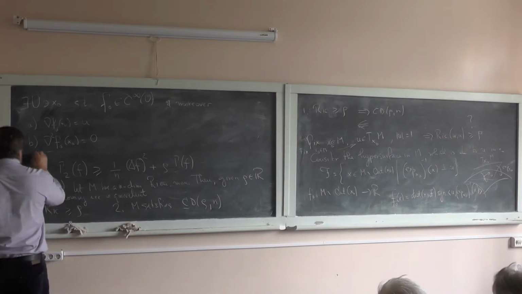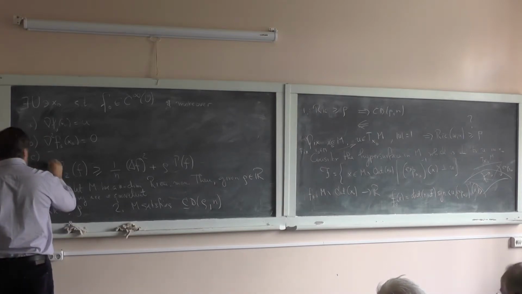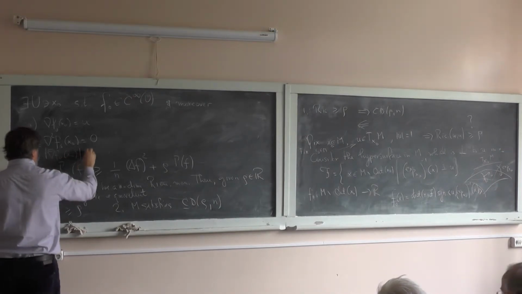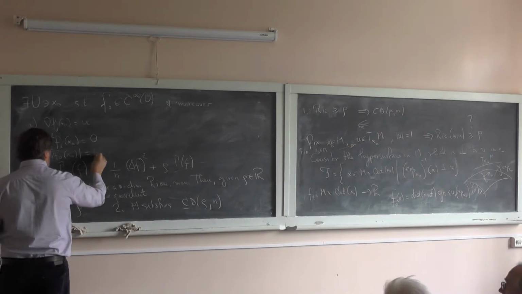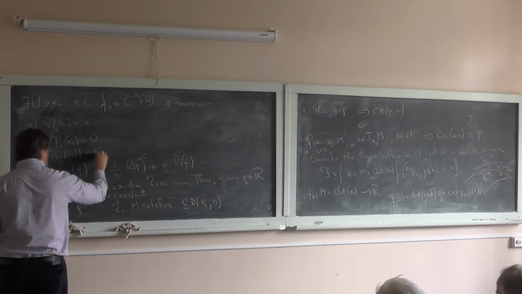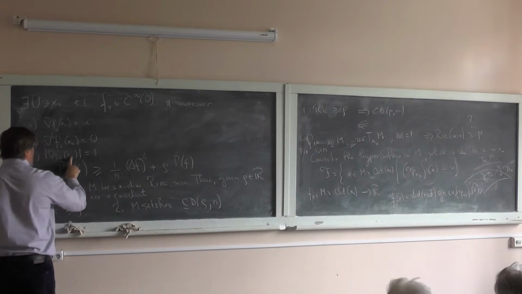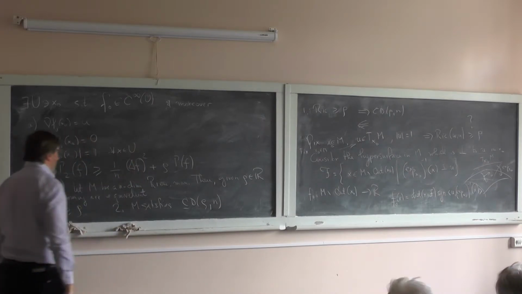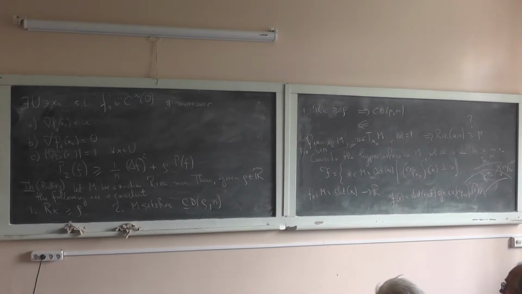And C, this is almost obvious by the construction: the gradient of f0 at x0 has length equal to 1. Actually, this is true in a neighborhood, so for any x in U. Okay, so these are classical properties of the distance function.